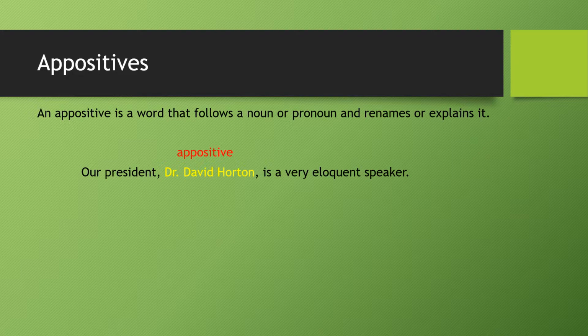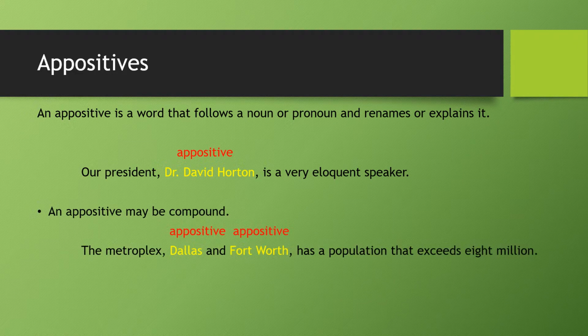Dr. David Horton is the appositive describing, renaming, or explaining the subject, our president. Now, we could easily leave the appositive out. Our president is a very eloquent speaker. The appositive just explains or renames or describes who the president is. Our president, Dr. David Horton, is a very eloquent speaker.